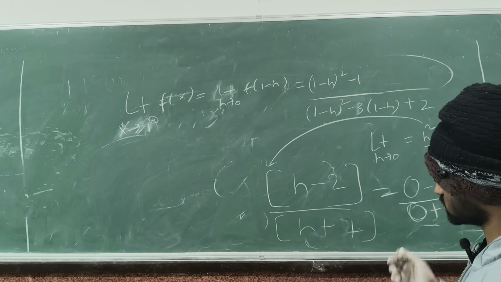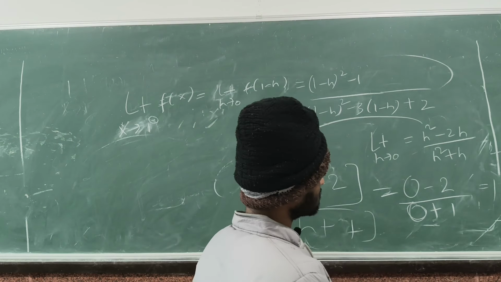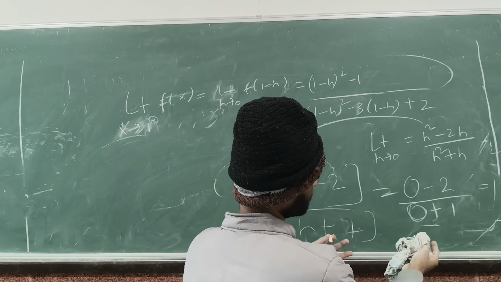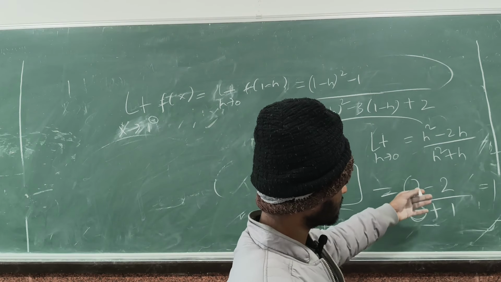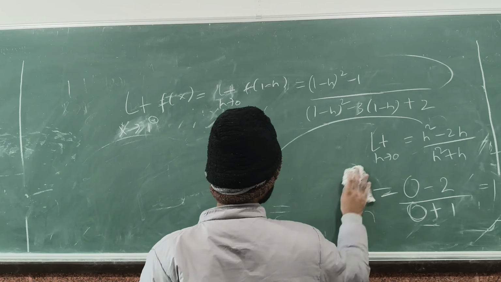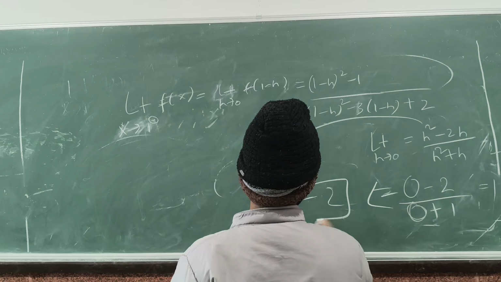Here we can substitute h. Before, we couldn't substitute because we were getting the 0 by 0 form. But after cancelling, if you put 0 here you get definite by definite, so we can substitute h here. So this gives minus 2.